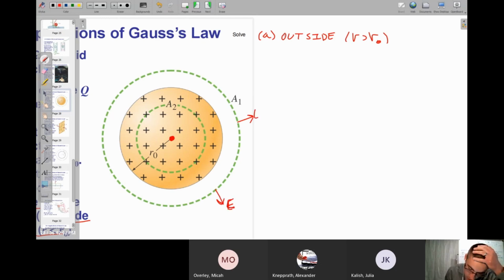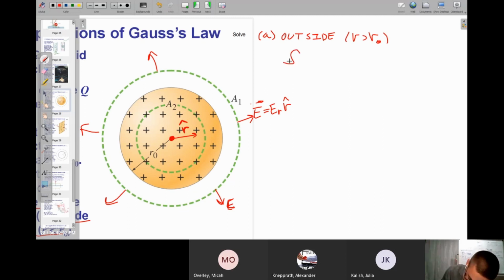So E is going to be pointing radially outwards, that way and that way. Okay, so E is entirely a radial component. I'm going to use r hat to be the unit vector that's pointing radially outwards from the center.